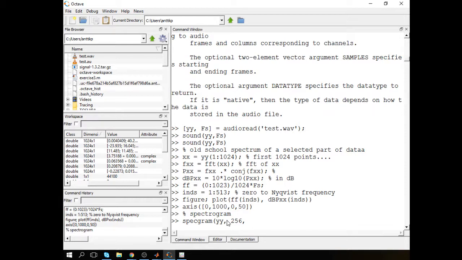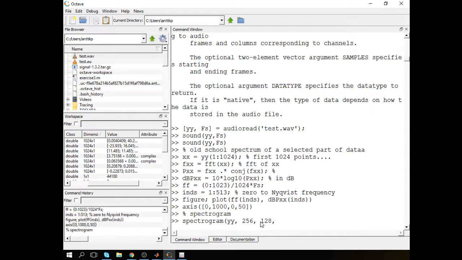In your case, you have different places for the parameters. In your case, you will write spectrogram. Okay. Why that one? And then the next would be the overlap, right?